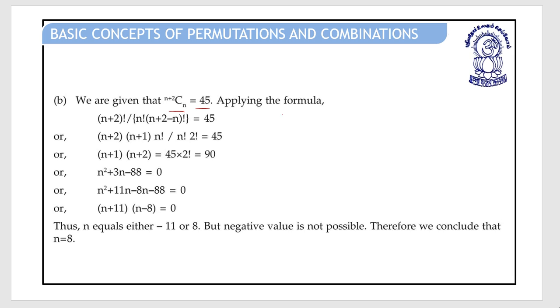Next, we are given that n plus 2 Cn is equal to 45. Applying the formula, n plus 2 factorial upon n factorial, n plus 2 minus n factorial. So minus n plus n cancel is equal to 45.